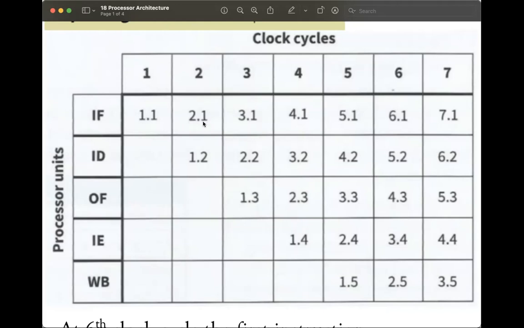And this is the effect of pipelining. In the third clock cycle, my first instruction has entered my third phase. My second phase is now free to add the second instruction. Now the second instruction enters the second phase, and the first unit is again free, because of which I introduce a new instruction, 3.1, the third instruction, in the first phase of my pipeline.